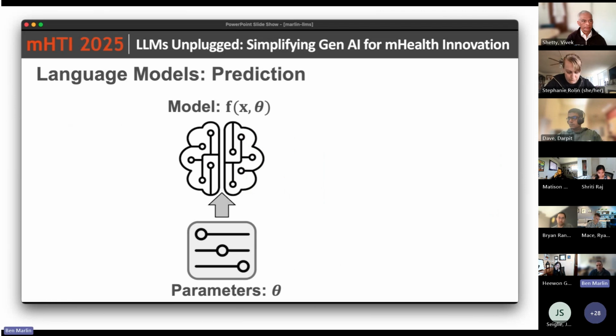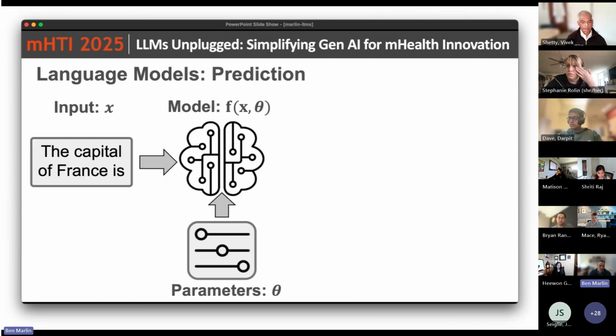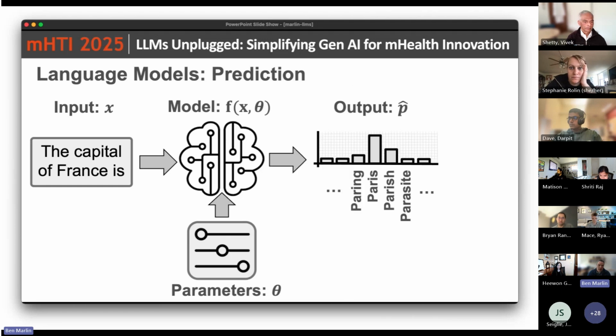Okay, so in terms of the way models work, the modeling is agnostic to what the representation is. We can think about a sequence of inputs. Those inputs are either characters or tokens or words. The basic structure of the model is the same. So we'll have an input. In this basic example, we prompt the model with an input that says, the capital of France is. The prediction task is to predict what word we think is going to come out next.